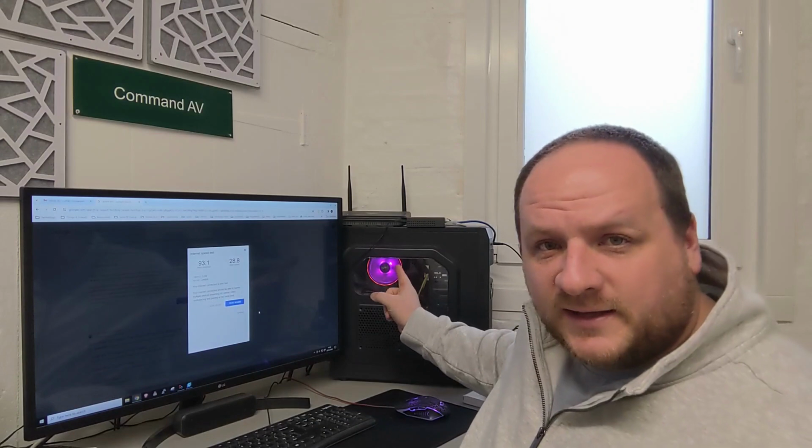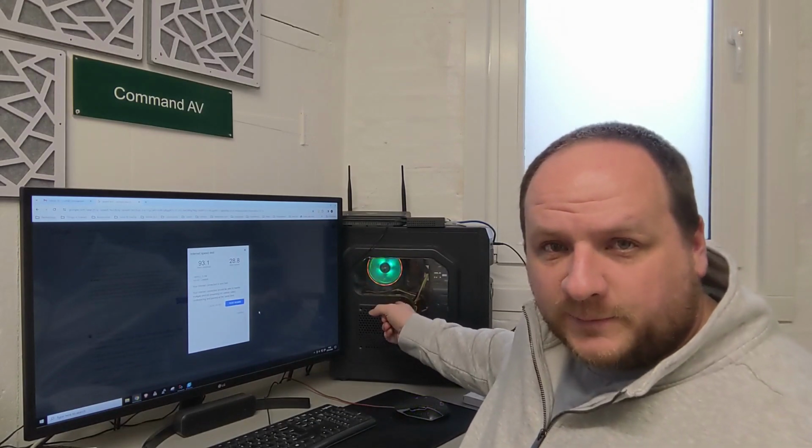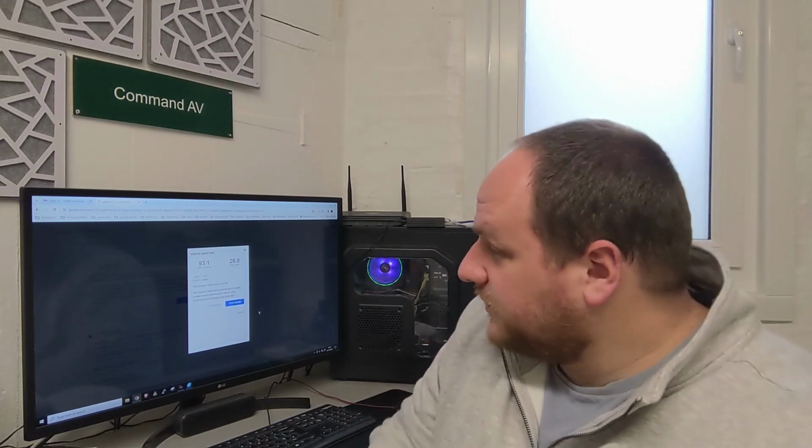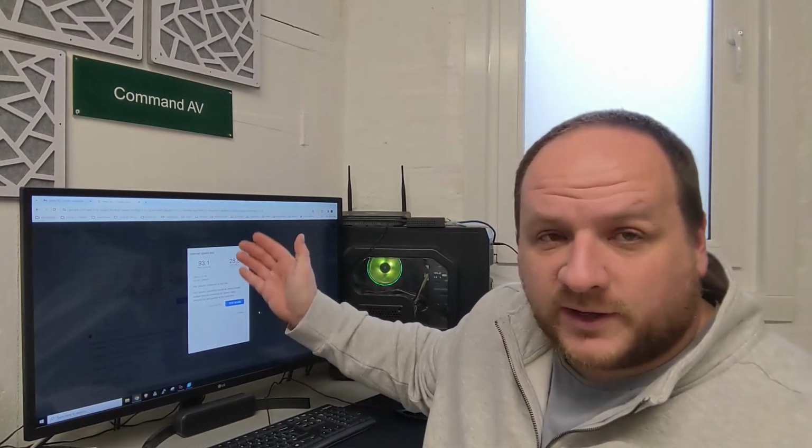That's a really bad way of explaining that this doesn't have a gigabit compatible network interface. It is basically capped at 100 megabits per second, which once you add in the overheads means you're getting an internet speed of around 90 megabits per second.